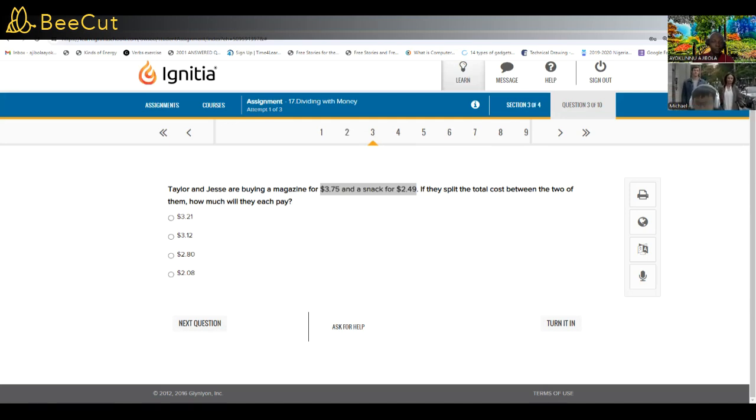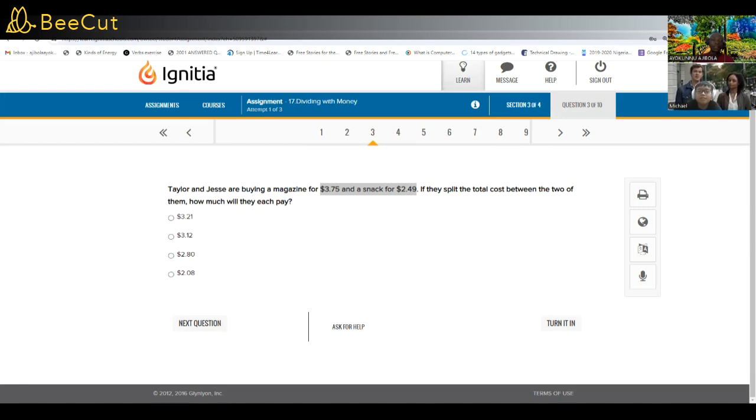No, $3.75 and $2.49. That's the amount. So what's the total? Add them together and let me know the total they want to pay. Once you know the total, then we will divide the total into 2. The total is $6.24. Good.